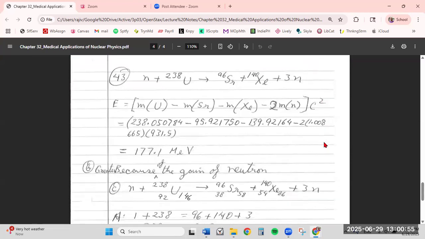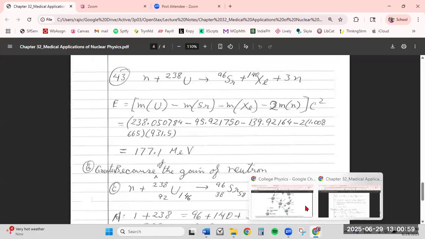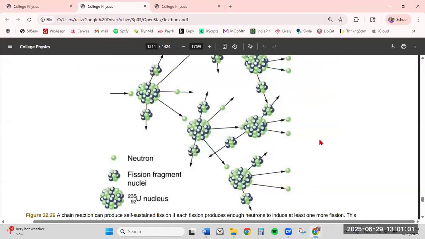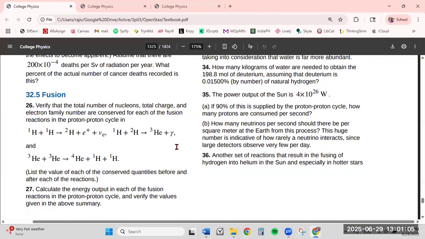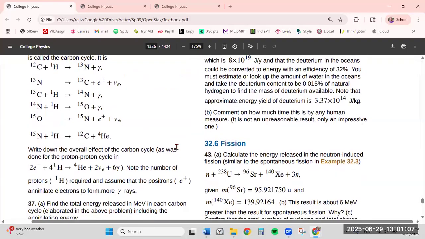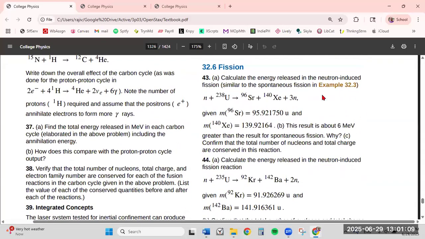Okay, problem number 43. Calculate the energy released in the neutron-induced fission, similar to the spontaneous fission.